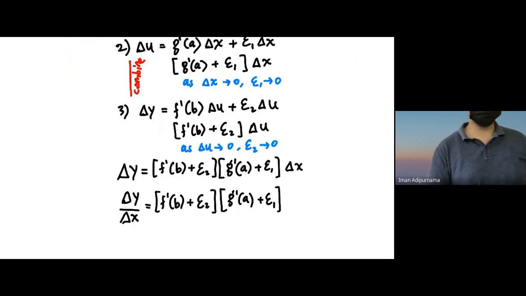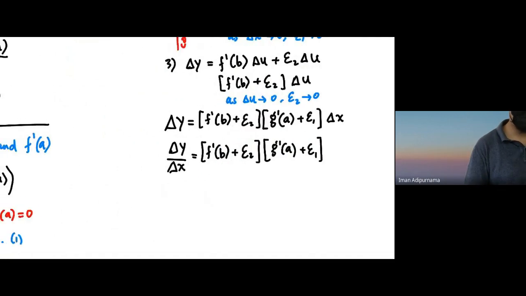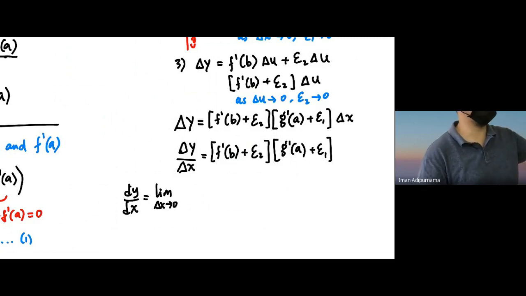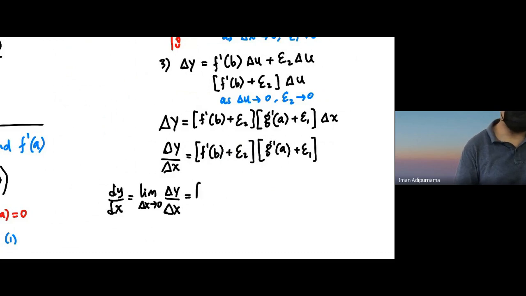And then finally, we can write the definition dy dx is equal to the limit as delta x goes to 0, which means the epsilon is going to be 0. We can fully say that this becomes f prime. Let me just write the epsilon first.